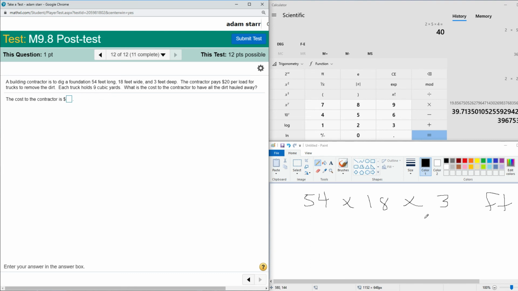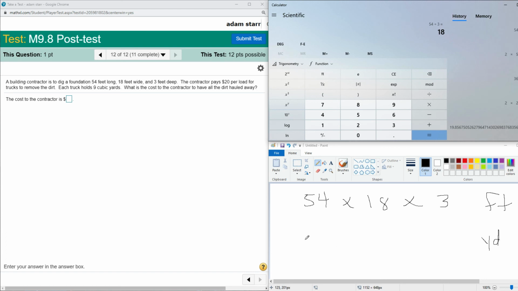So right from the beginning, I'm going to convert these to yards. There are 3 feet to 1 yard, which means I'm going to take each of these numbers and divide them by 3. So 54 divided by 3 is 18. So 18 yards is the same thing as 54 feet.